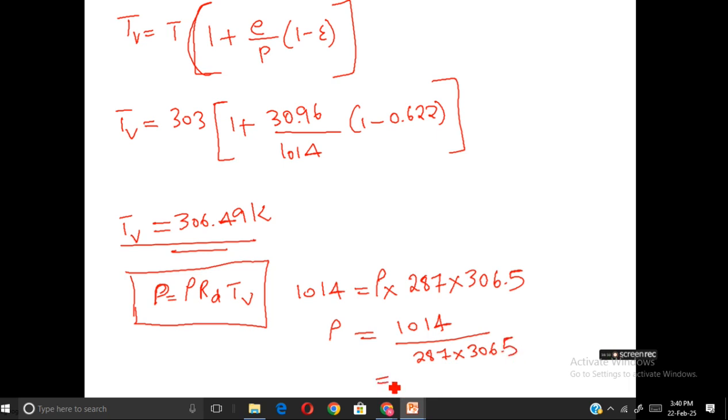What will it be? The pressure is in hectopascal, so you have to convert it into pascal, which is 1014 into 10 square.